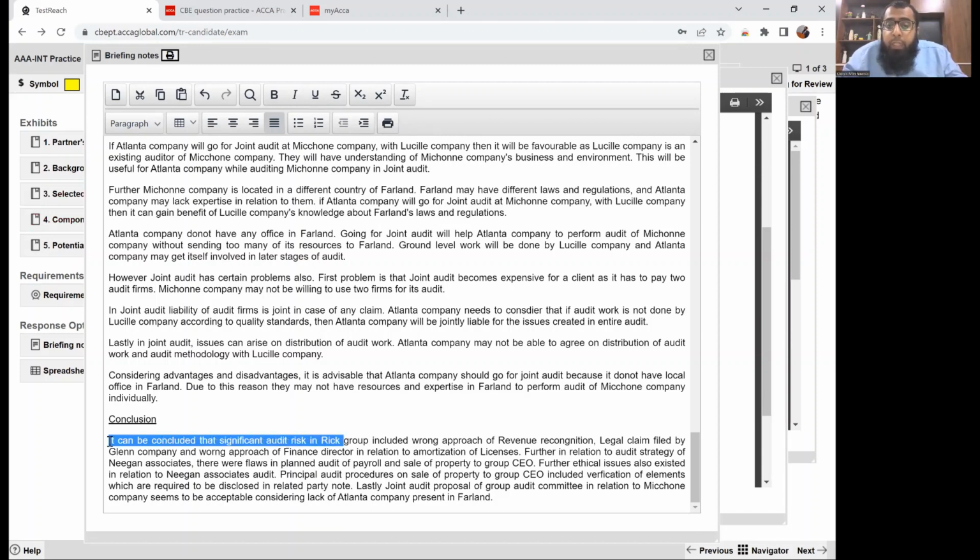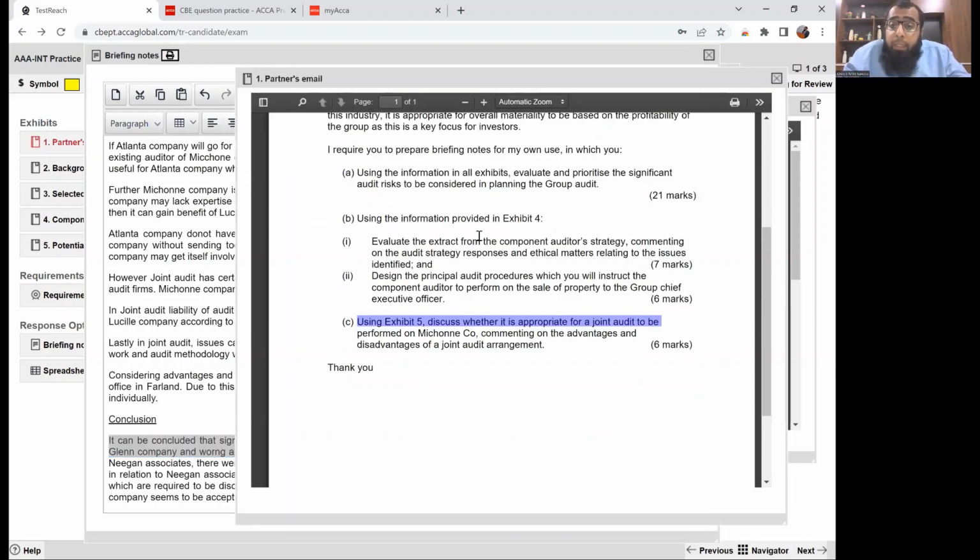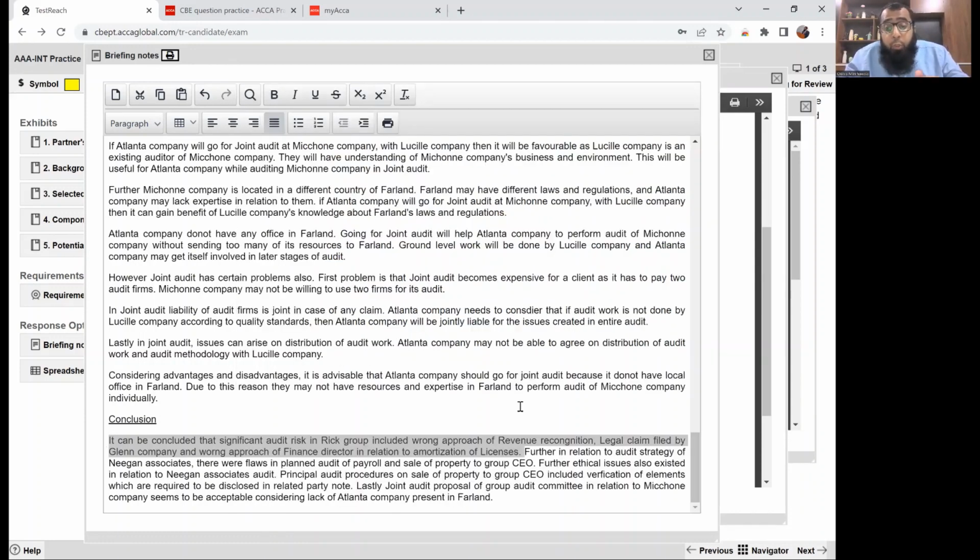it can be concluded that significant audit risk in RIG group included wrong approach for revenue recognition, legal claim, and wrong approach of finance director in relation to amortization of license. So this sentence concluded the audit risk. Then the second requirement, evaluate the extract from component auditor strategy commenting on the audit strategy, responses, and ethical matters relating to the issues.